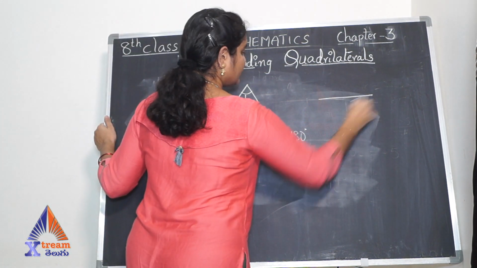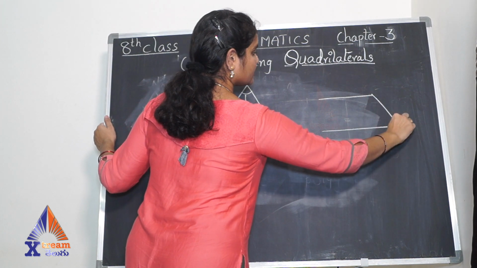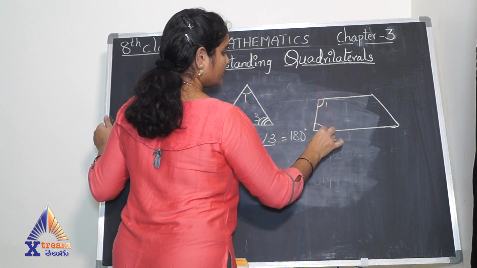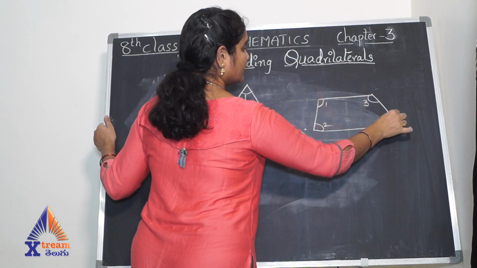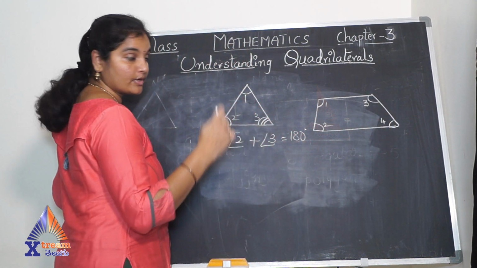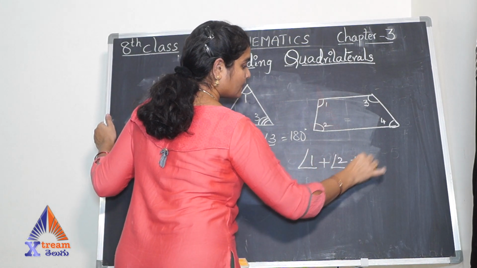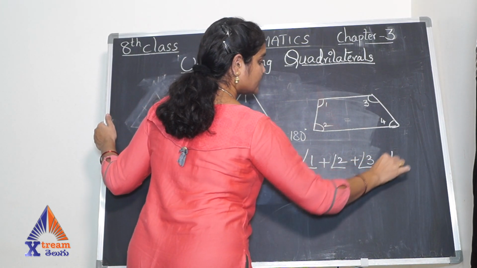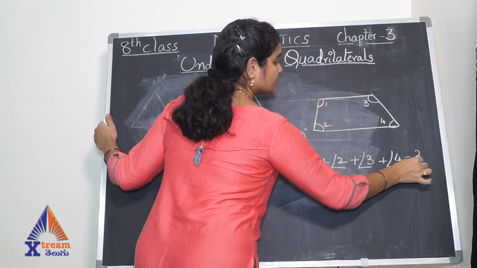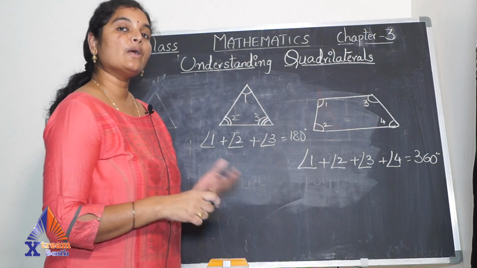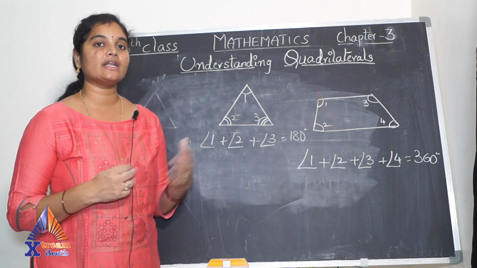Similarly, in a quadrilateral, I am taking a different type of quadrilateral here, 1, 2, 3 and 4. It has 4 angles. So it also has an angle sum property: angle 1 plus angle 2 plus angle 3 plus angle 4 gives us 360 degrees. How and why? We'll be learning it in our next video.